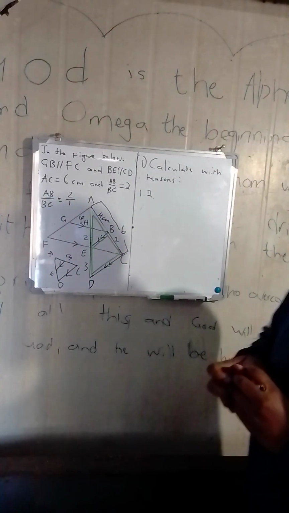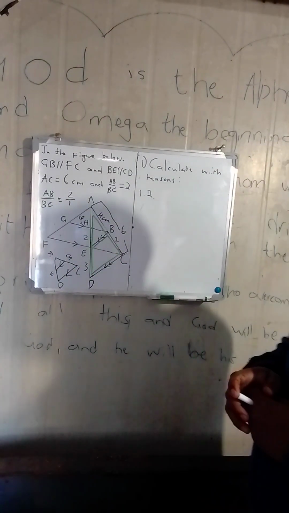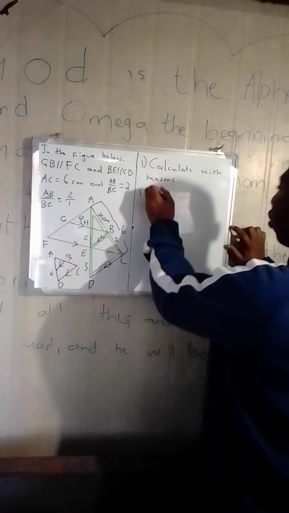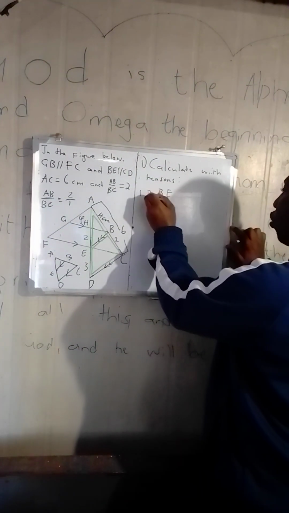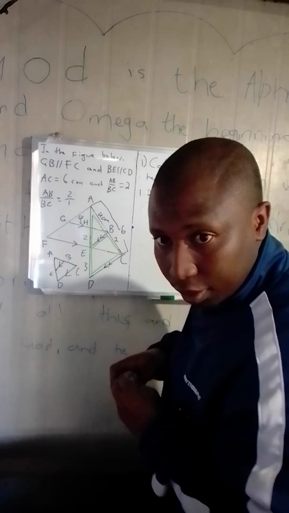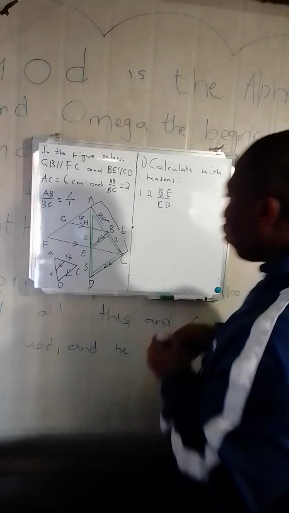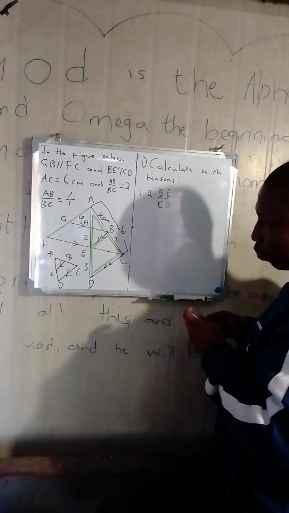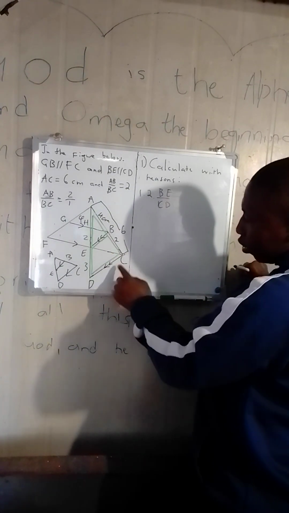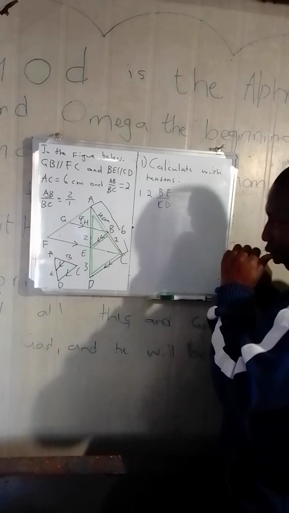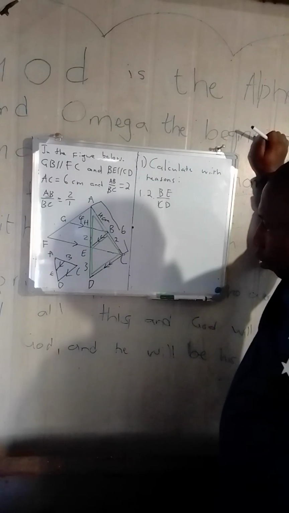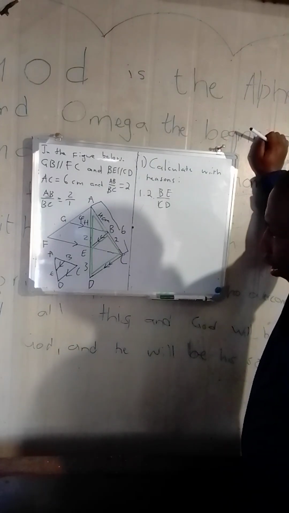You must highlight the sides that you have found there. Now the next question is we're looking for BE is to CD. So where's BE? We have BE is to CD. How do we find this one?